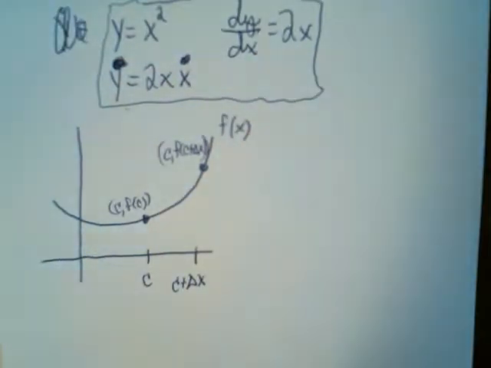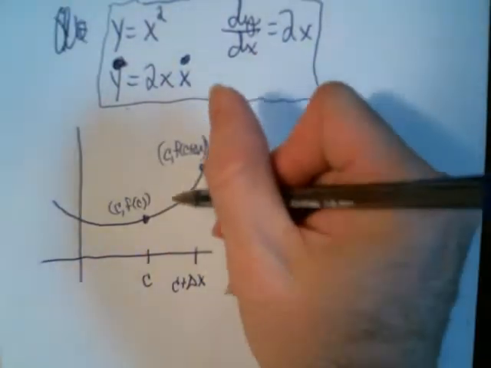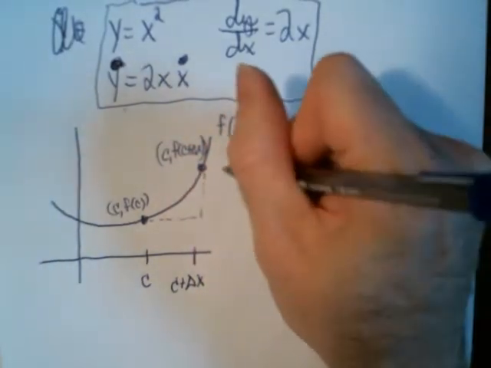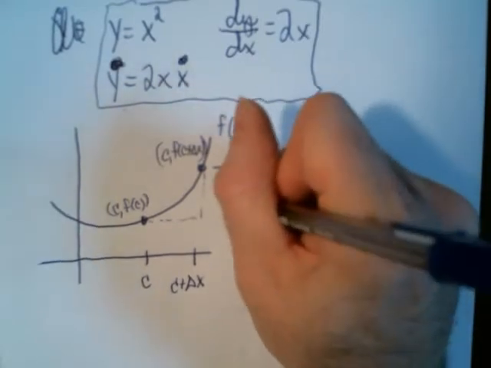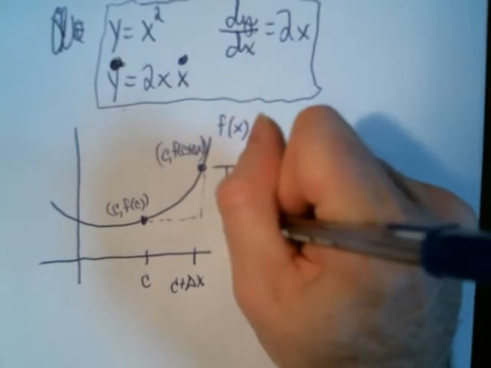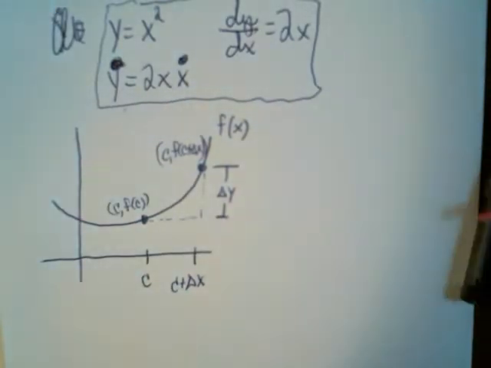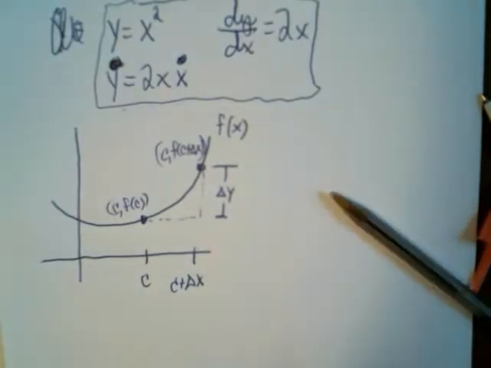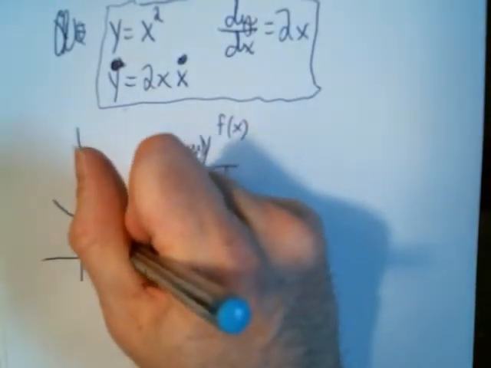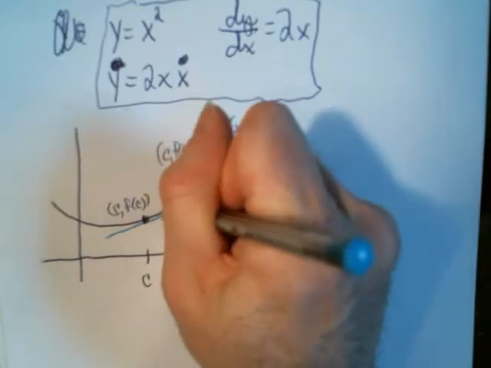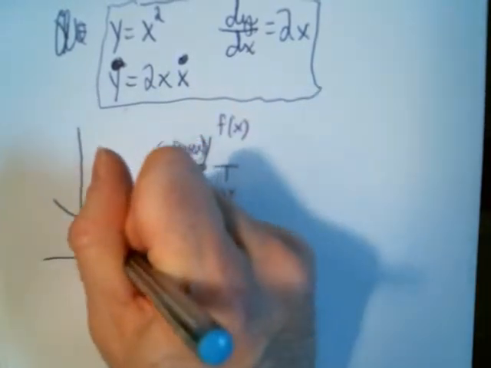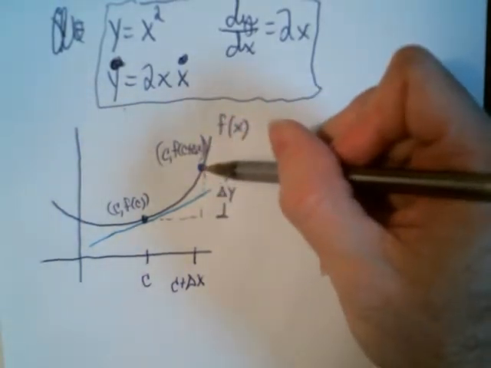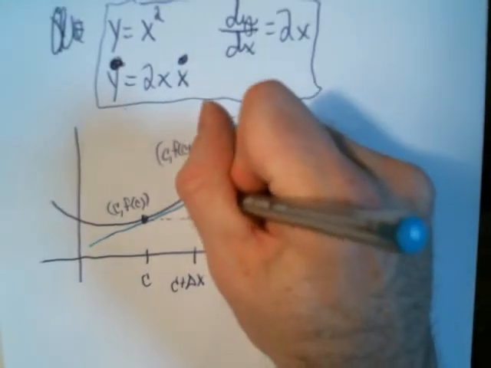We are interested in the actual change in y, which is this height here. So this is the change in y, delta y. The other change in height we're interested in is the change in height of the points on the tangent line. So if I have my tangent line here going in this direction, I can approximate the height at f of c plus change in x by using the tangent line point here.